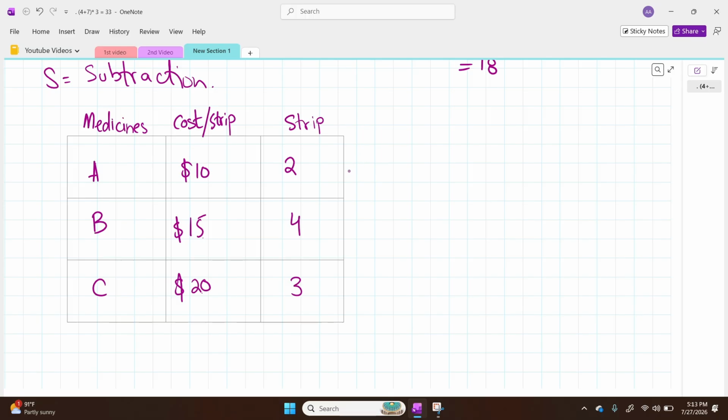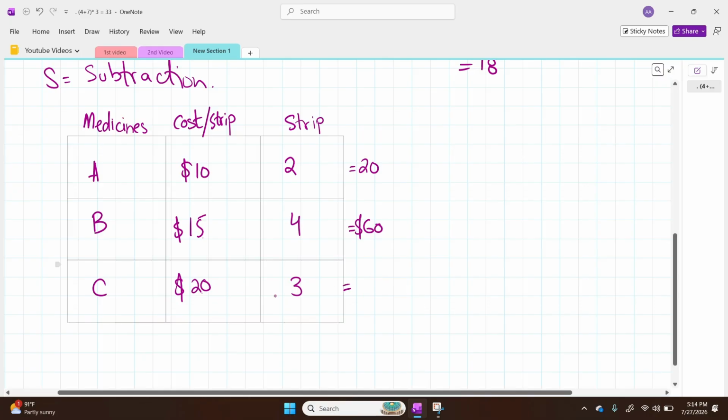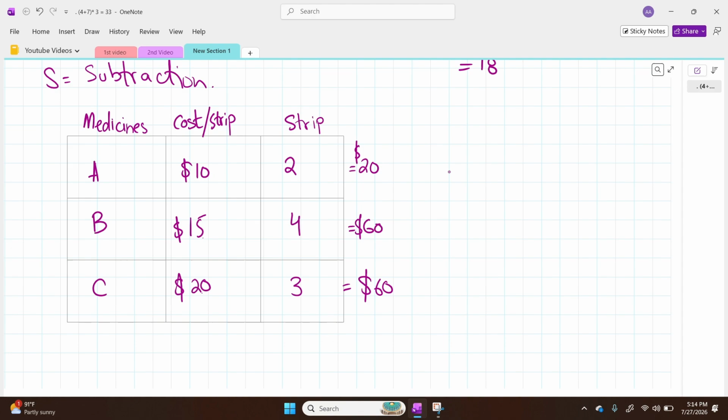So medicine A will be 20, 15 fours are $60, and 20 threes are also $60.